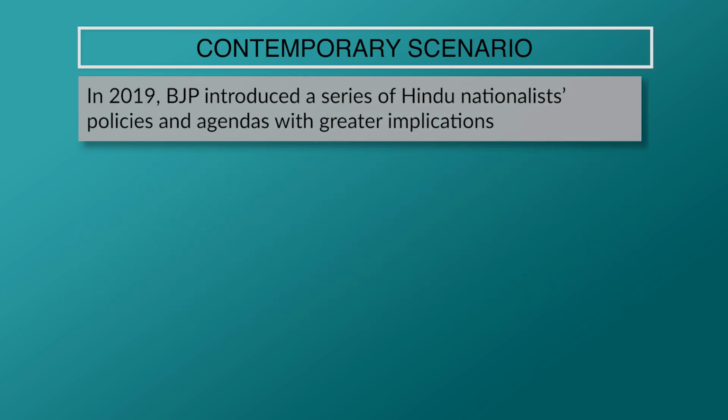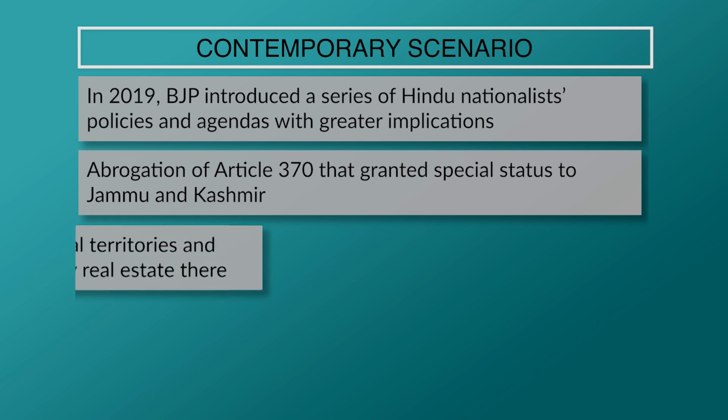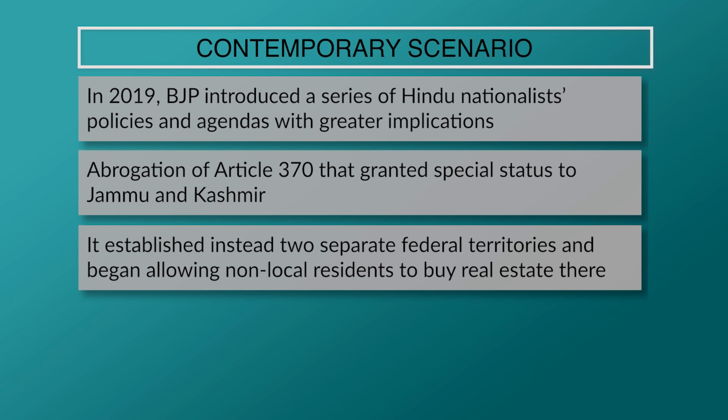In 2019, BJP introduced a series of Hindu nationalist policies and agendas with greater implications. Abrogation of Article 370 that granted special status to Jammu and Kashmir. It established instead two separate federal territories and began allowing non-locals to buy real estate there.